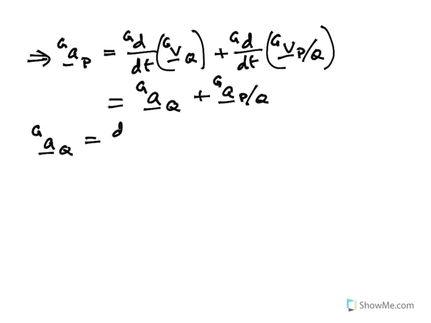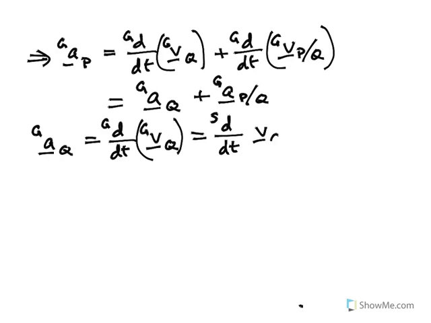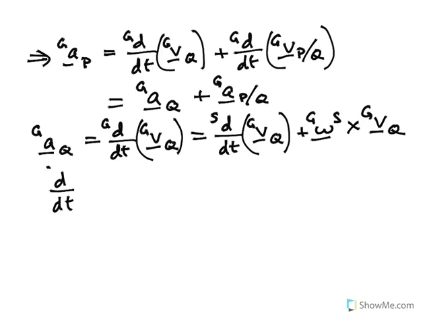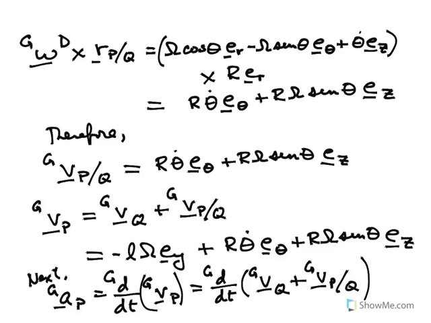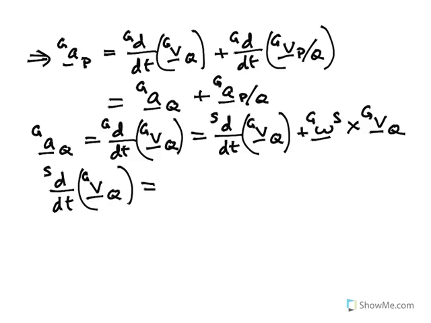The acceleration of Q in G, which is d dt in G of the velocity of Q in G, because the velocity of Q in G is expressed in coordinates fixed in the shaft, this is equal to d dt in S of the velocity of Q in G plus the angular velocity of S in G crossed with the velocity of Q in G. So d dt in S of the velocity of Q in G is equal to, we have to go back to this velocity here, it's minus L omega Ey.